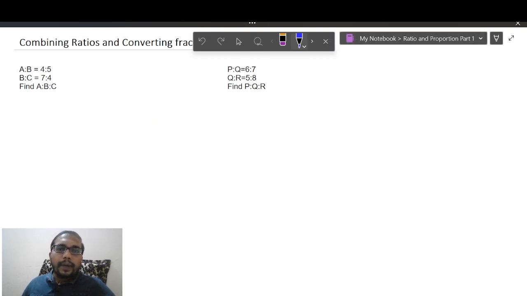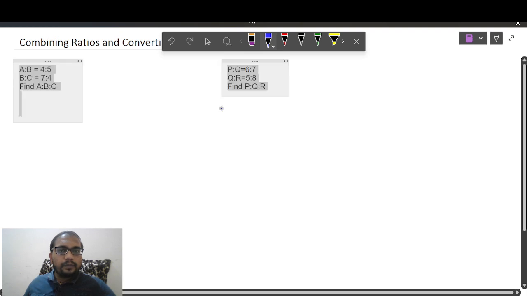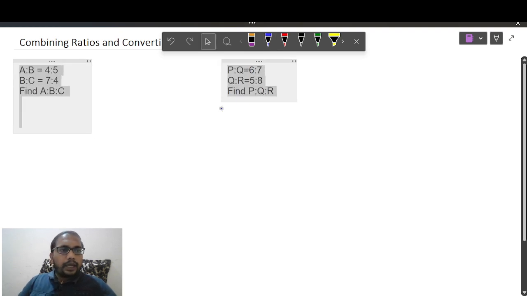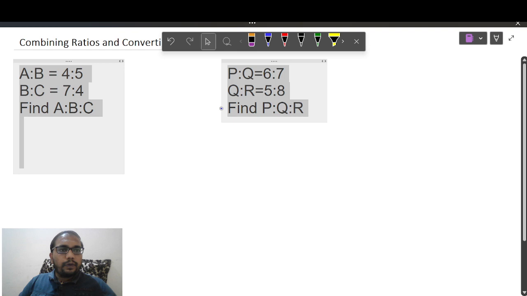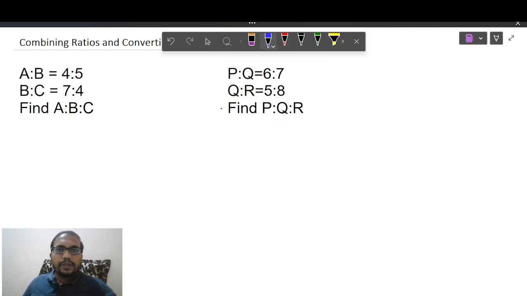Let's see how to combine the ratios. For example, A and B ratio is 4:5, B and C ratio is 7:4. A and B ratio 4:5 is given, B and C ratio 7:4 is given, right?